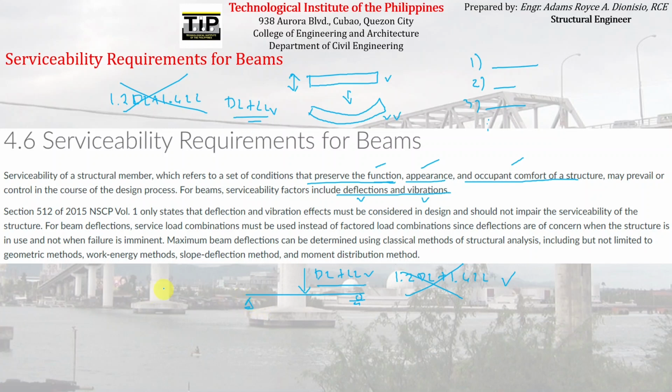Merong mga geometric methods, work energy methods, slope deflection method, as well as moment distribution method. So ang goal natin dito to check the serviceability of beams is to check what is the corresponding deflection of a beam given a certain load, dead load and live load acting together.